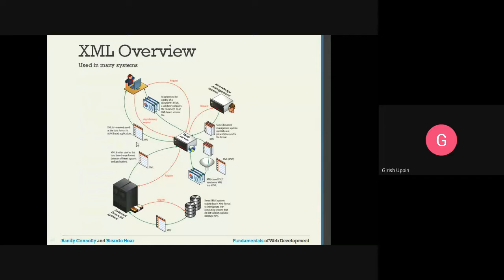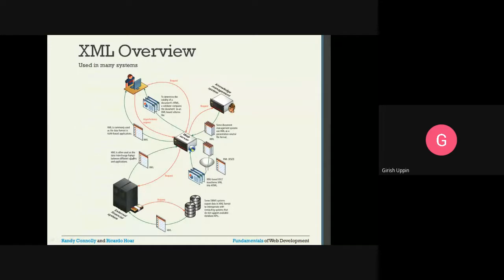XML is commonly used as the data format in Ajax based applications. If you are requesting any kind of information, that information can be received as an XML document. This is an external financial system. Again, there is a request, and in turn the responses.